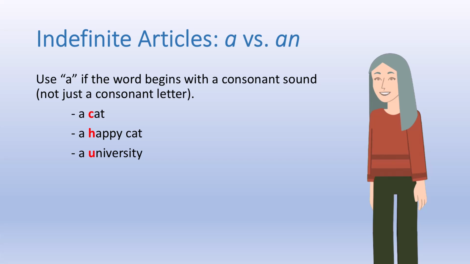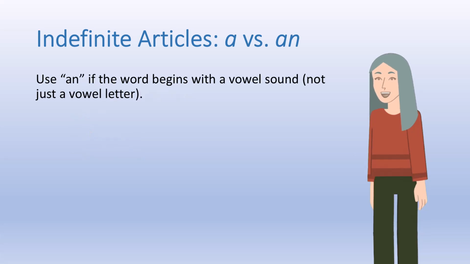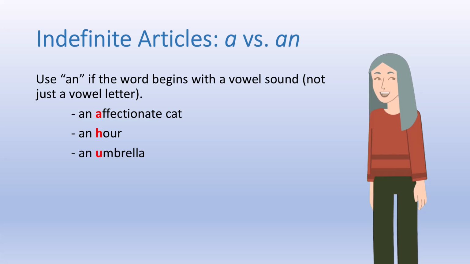We say a cat, a happy cat, a university. And we'll use an if the following word starts with a vowel sound, not just a vowel letter. Here's what I mean. We say an affectionate cat, an hour, an umbrella.